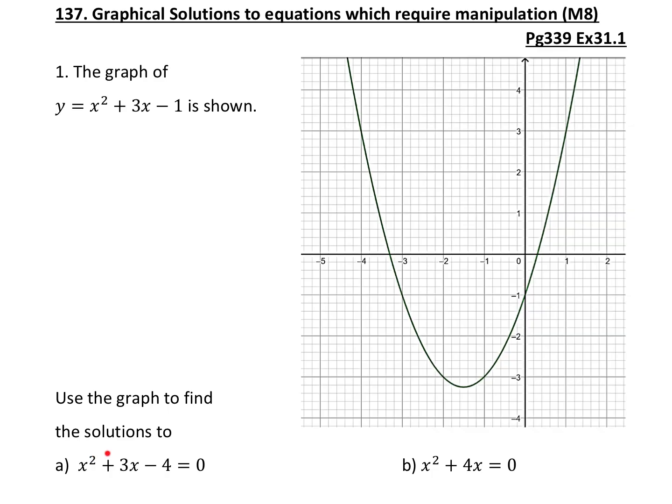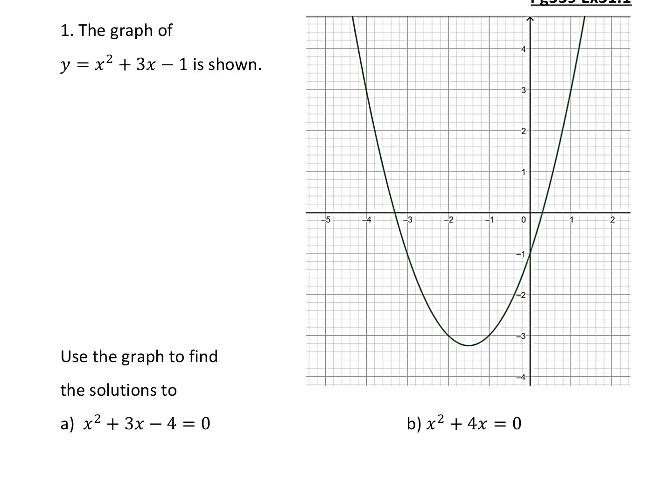So how do we solve this equation using this graph? Well, what we need to do is manipulate this so that it looks like the equation of the graph. So it does have similarities. They both are x squareds. They both have 3x. The problem with this equation is it's got a minus 4, but the graph is minus 1. How would we make this minus 1?